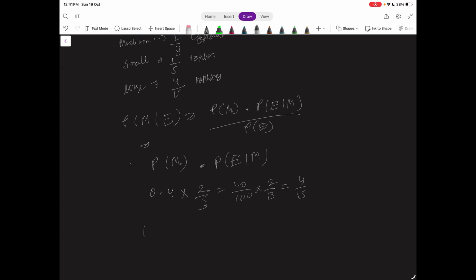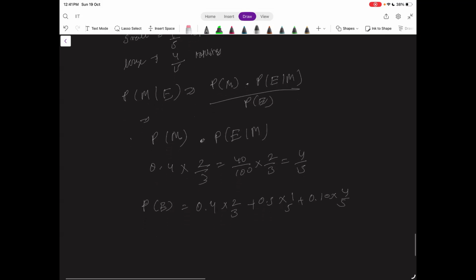The total probability of asking for extra is 0.4 times 2 over 3, plus 0.5 times 1 over 5, plus 0.10 times 4 over 5. This is the probability of getting extra.